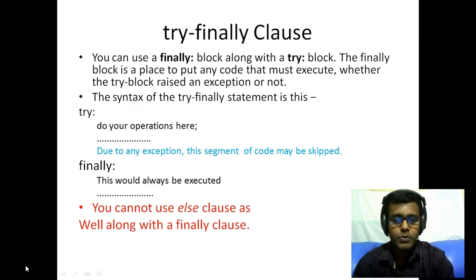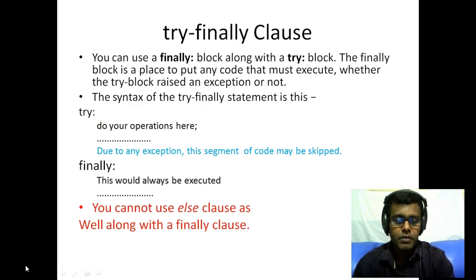So it will try to do the operations in the try block. If there is an exception, then it will skip the code after the statement which causes the exception. Then automatically it will go to the finally block and execute all the statements available there.